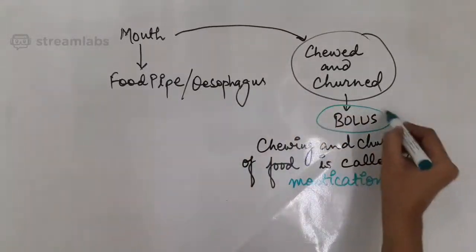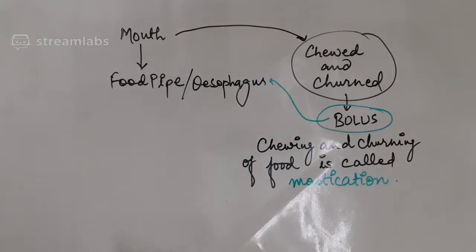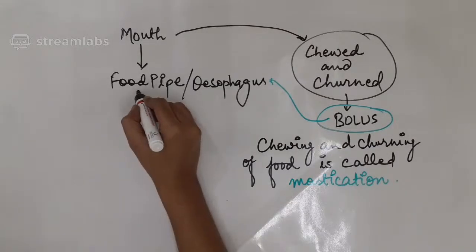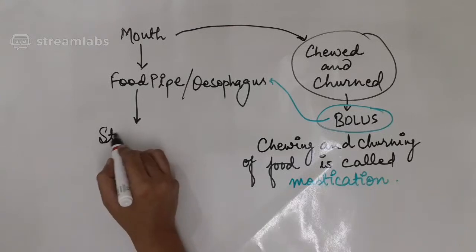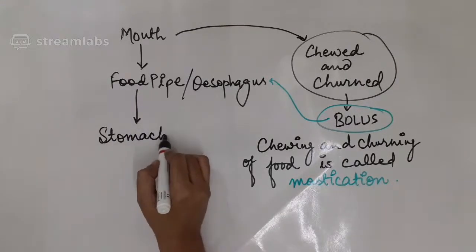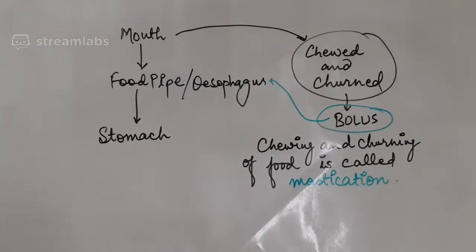So this bolus is passed into the food pipe or the esophagus, and then this bolus goes into the stomach. From the mouth into the food pipe, and from the food pipe the food which is chewed and churned, becoming bolus, goes into the stomach.